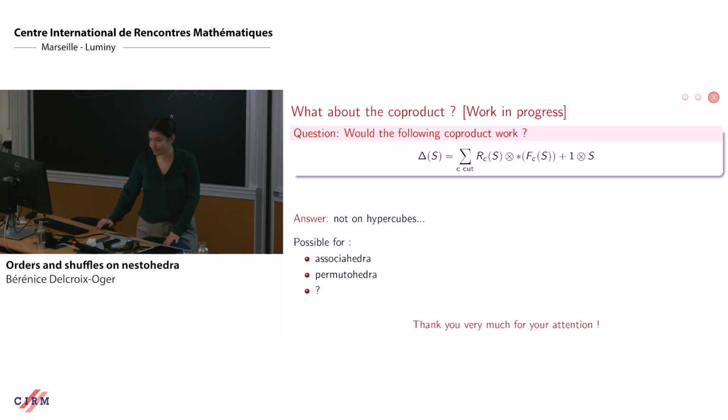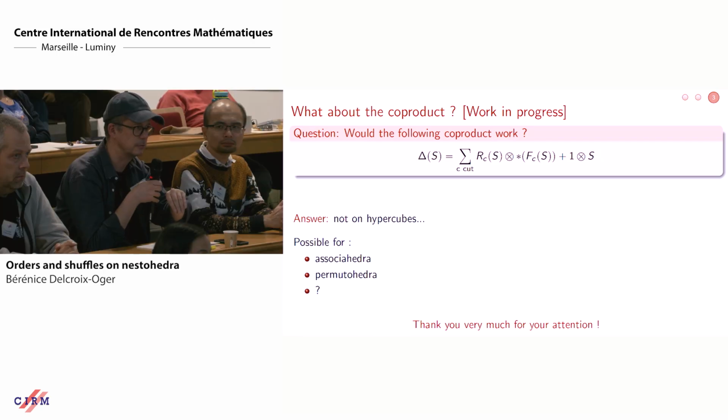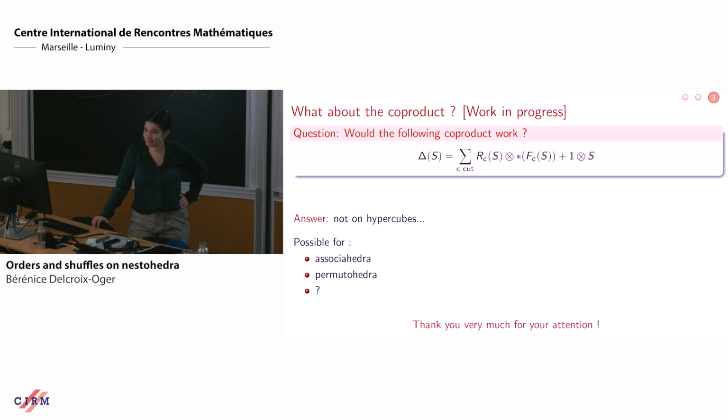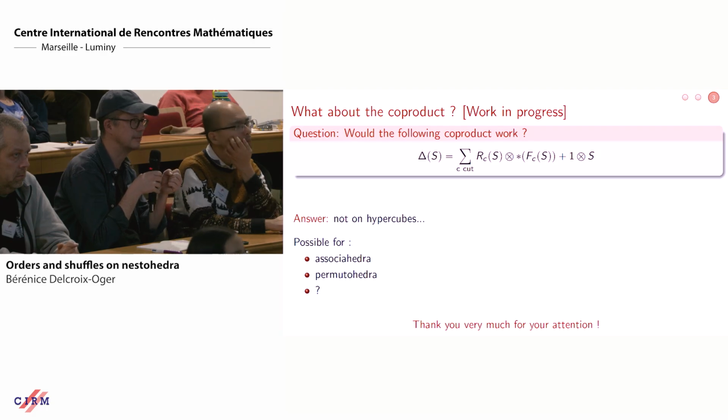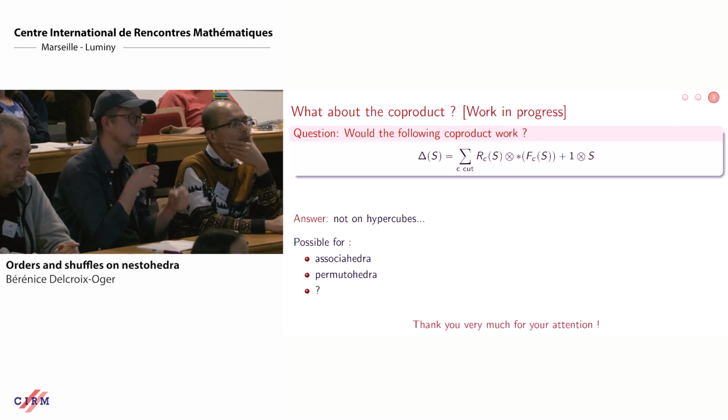And there are other known algebras on generalized permutohedra. There are monoids on generalized permutohedra that specialize to nestohedra already, no? I mean, there are constructions. It's possible. So how do they compare? I don't know, I should see the definition. Okay. Thanks.